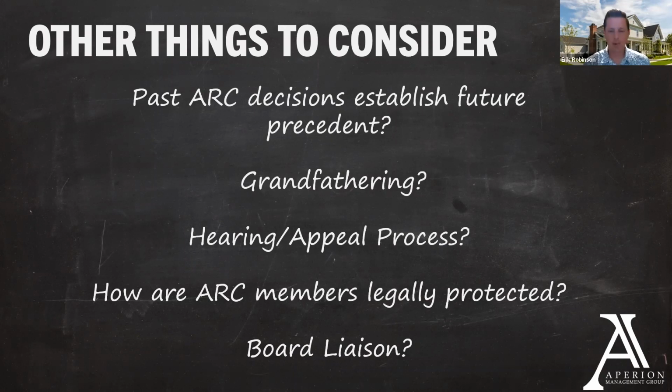In my mind, a board liaison is more to monitor the activities of the committee and to be aware of any issues that are coming up in case it gets escalated to the board of directors in terms of a hearing, appeal, or other legal action. So they've been there from the very start and seen how everything has played out. That's very valuable for a committee to have as well.